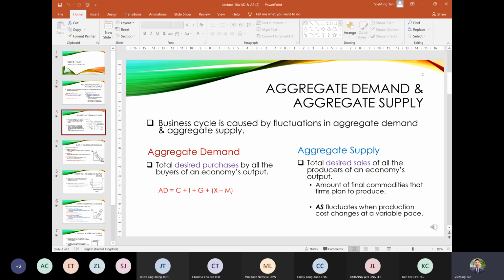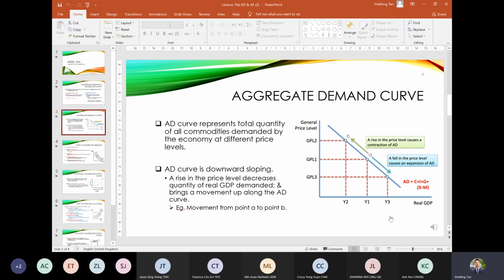You may find that aggregate demand is negatively related with the general price level. When the price level is high, let's say at point B, generally you may find that the aggregate demand is low, which is at Y2.